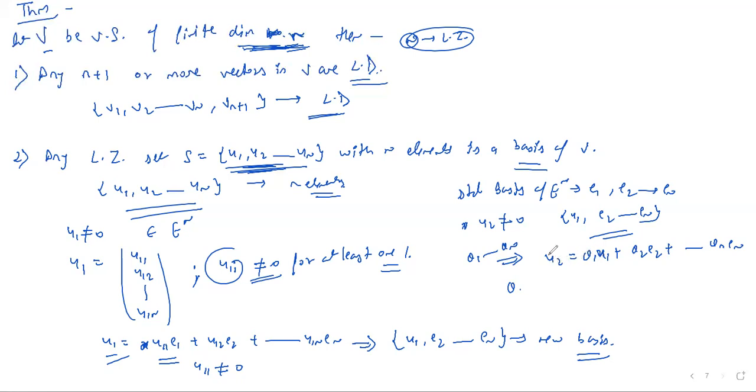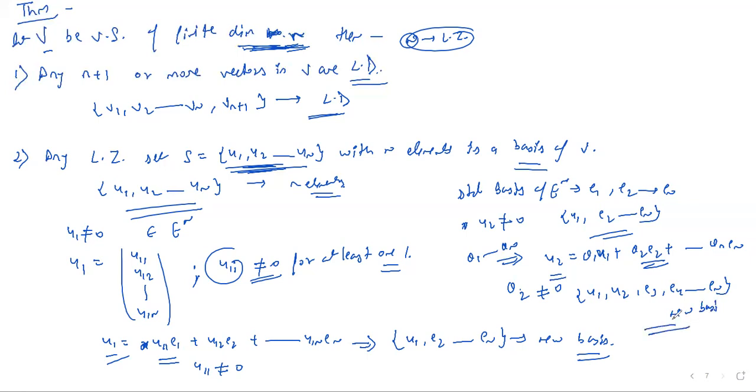Now if the coefficient theta 2 is not equal to 0, then I can replace the vector e2 by the vector u2. Then the new basis would be u1, u2, e3, e4 to en.